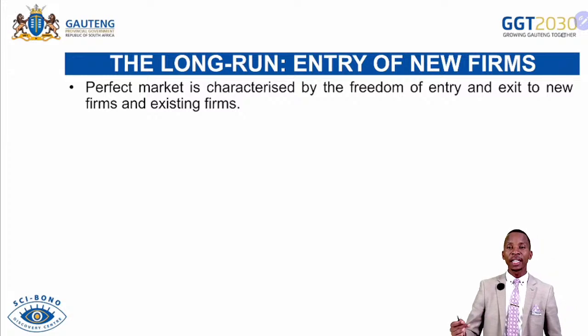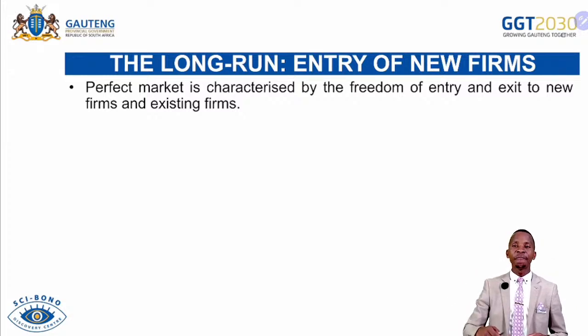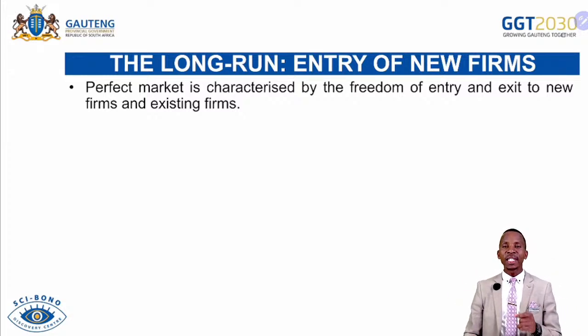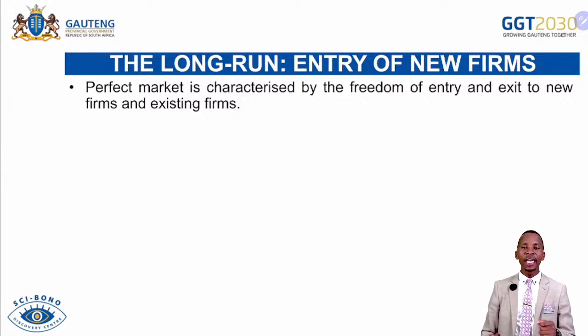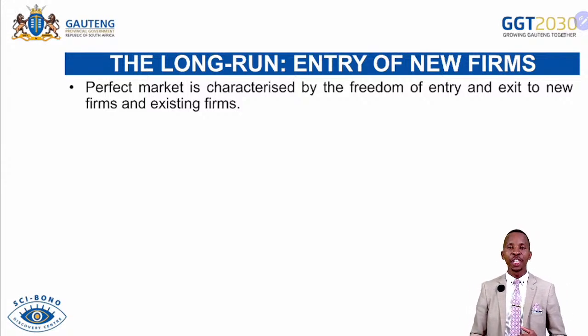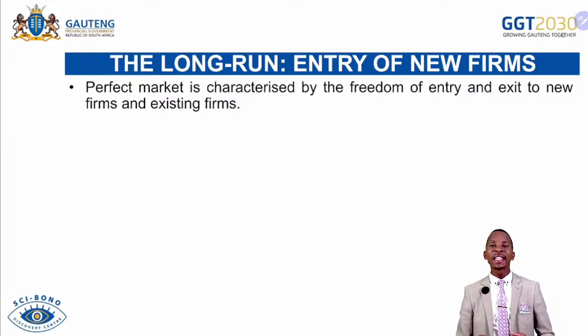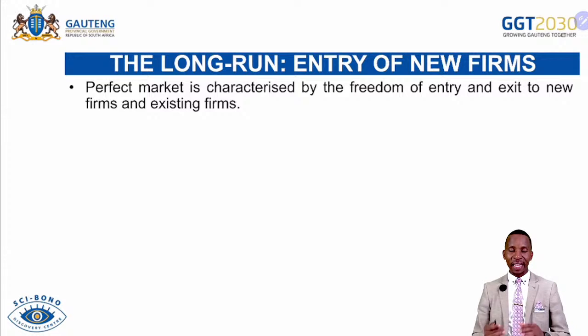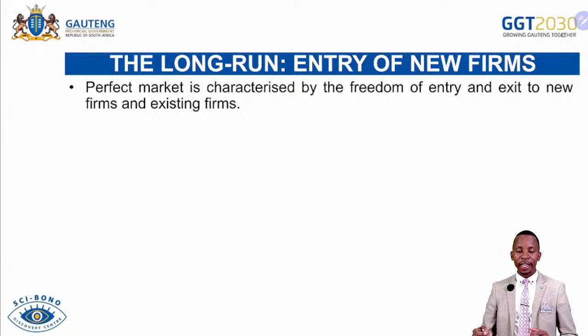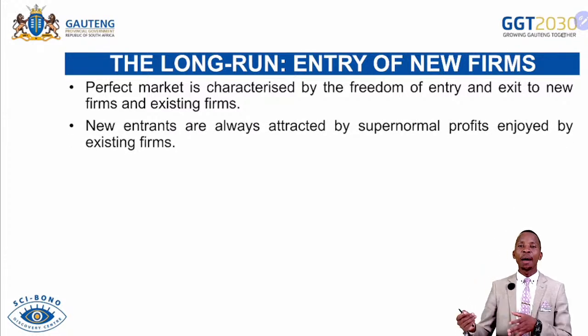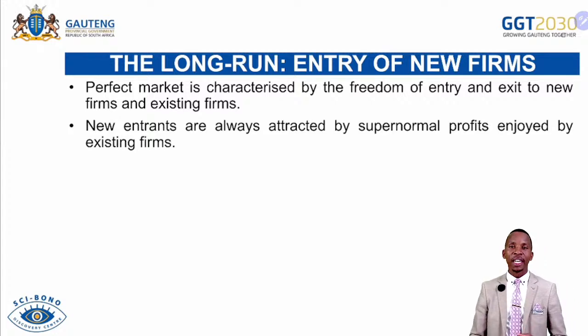And then on the second graph, existing firms will find themselves reducing the supply or producing less because they are facing higher competition. The increase in competition within the perfect market results in firms not supplying a large quantity as individuals, but the market itself will supply the large quantity because there are many firms competing to produce a similar product in the market.